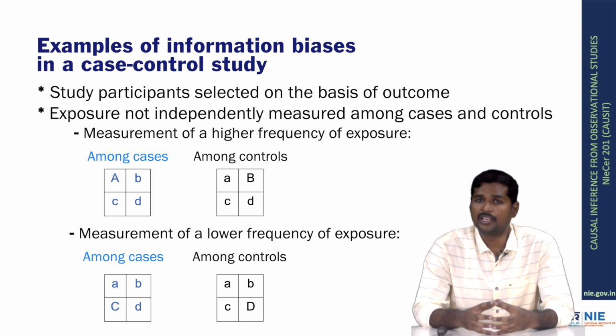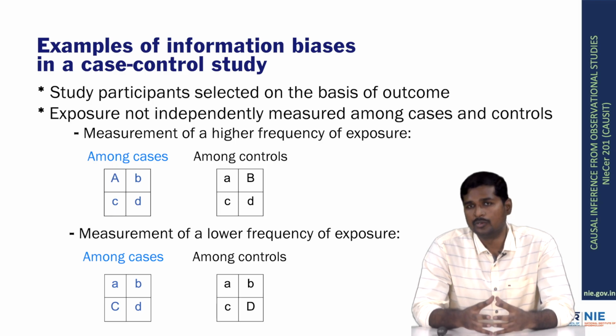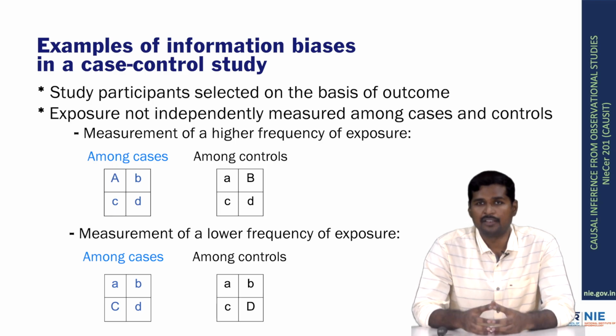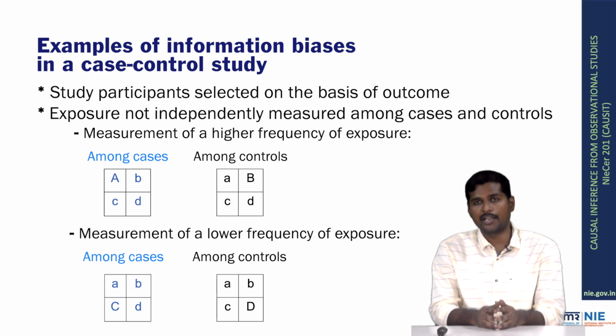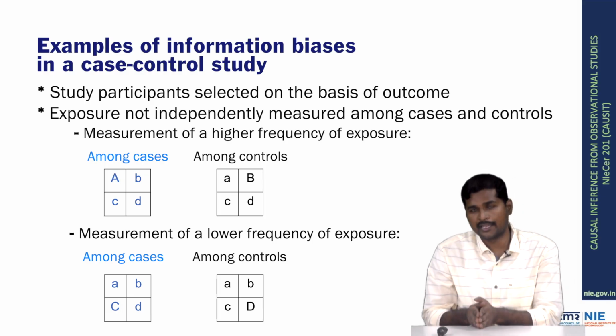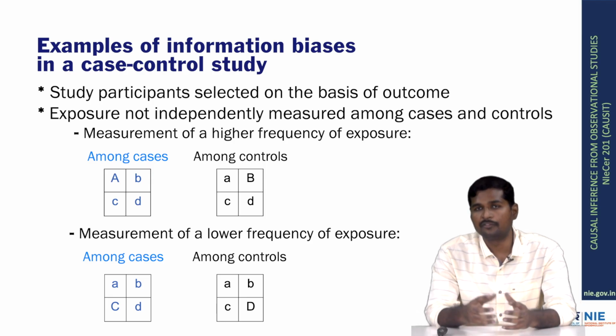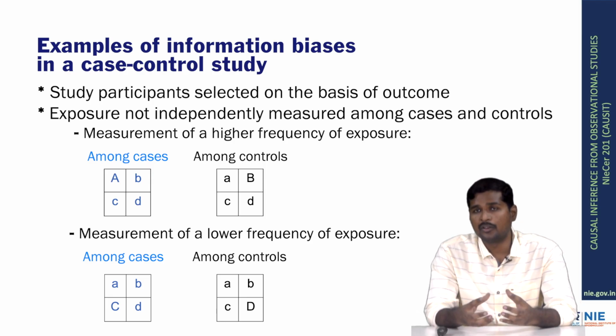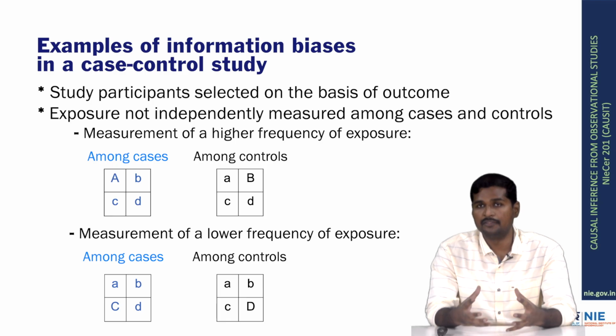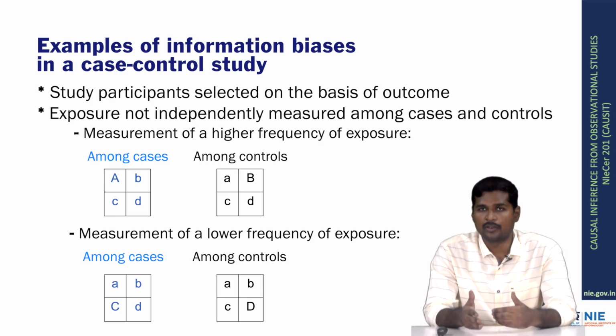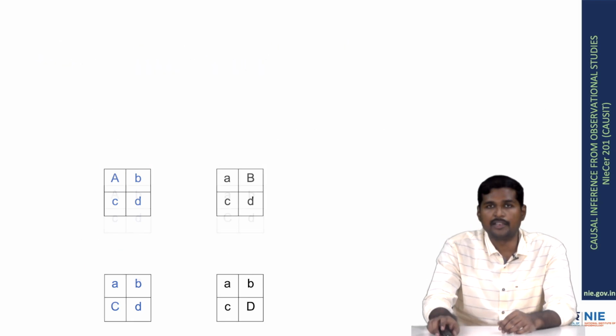So that will lead to an inflation of cell C, whereas you might do the same thing for controls, in which case the cell D is inflated. So depending upon how you are collecting information from controls and cases on the measurement of exposure, you can have these various combinations of inflated cells, and depending upon which cell is magnified or which cell is inflated, your relative risk or your odds ratio will move in that particular direction.